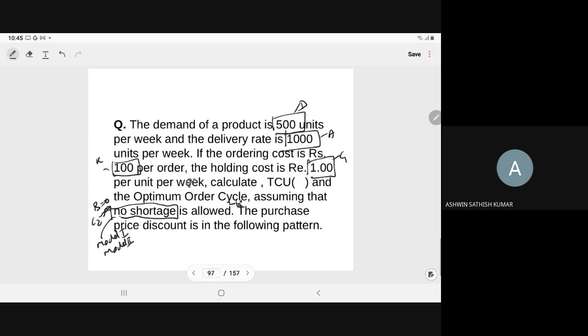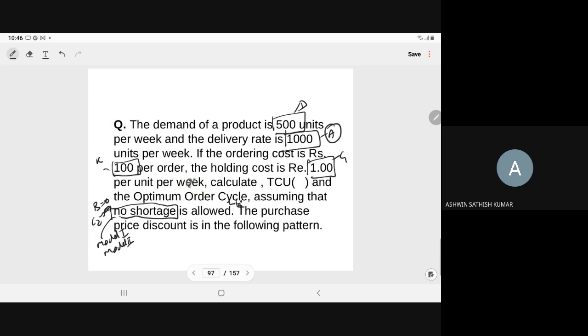But here the delivery is given as a constant rate.